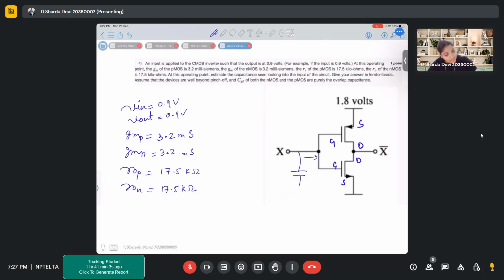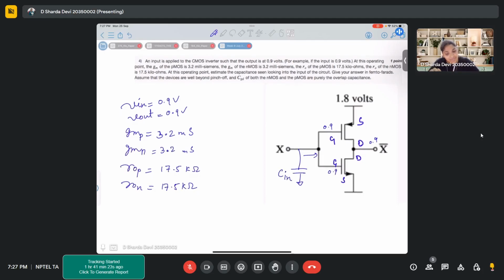So we have to ultimately find what is C in. When this is 0.9, this is 0.9, this is 0.9. Give your answers in femtofarads. Assume that the devices are well beyond pinch off, and CGD of both NMOS and PMOS are purely the overlap capacitances.